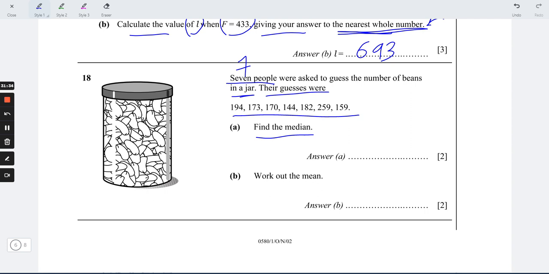To find the median, we should put these numbers in order, starting from the smallest to the biggest.